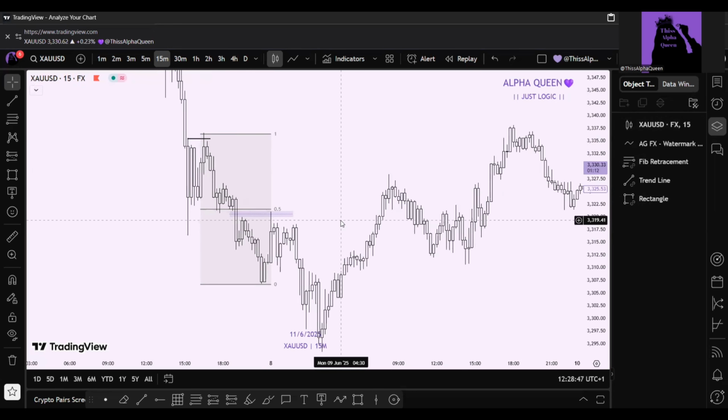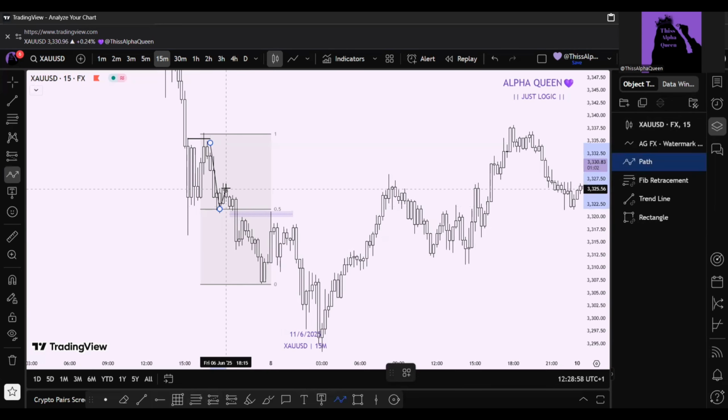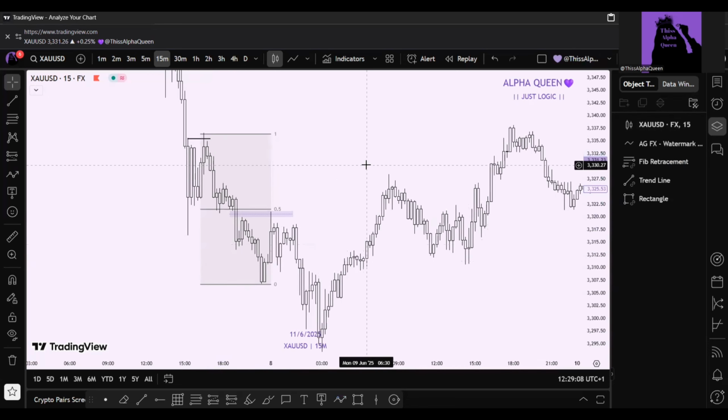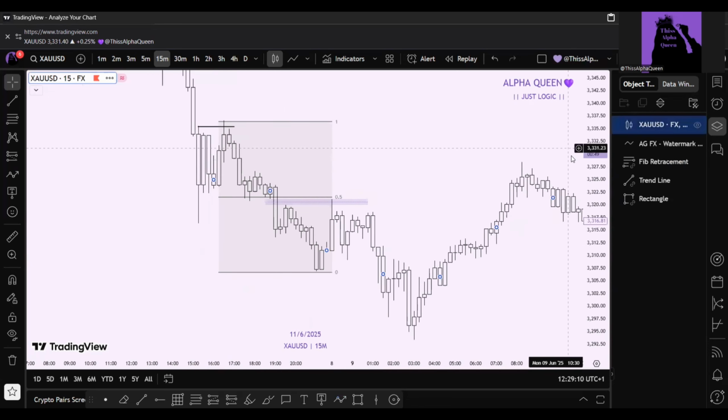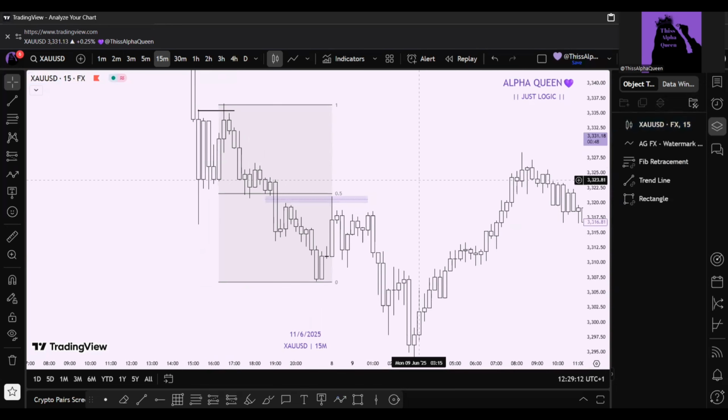But due to what we call the rule of drop, base, drop, before price took out this low, you can see it did a drop, base, drop. And obviously our base is valid because it cleared out liquidity. It went up to clear out liquidity.